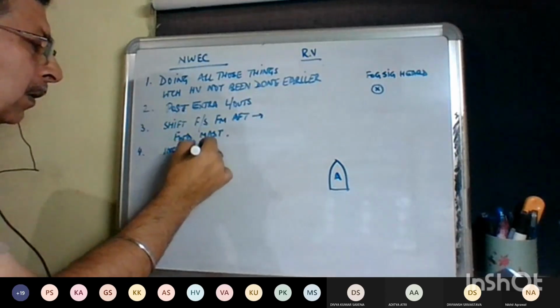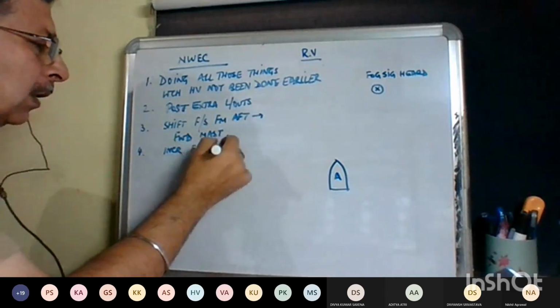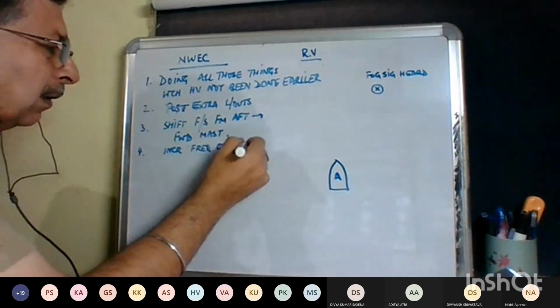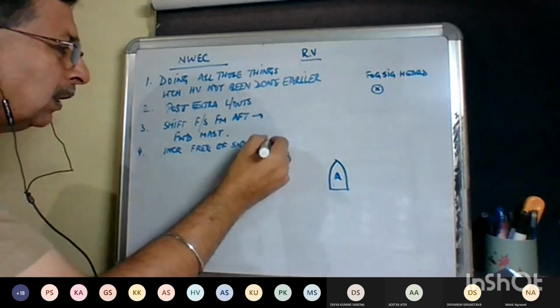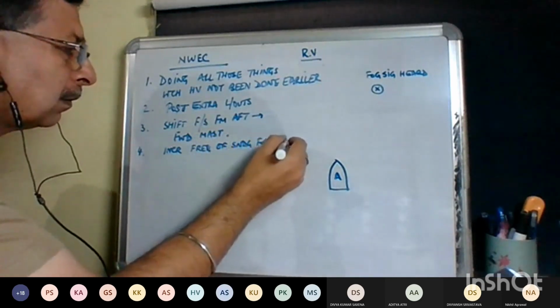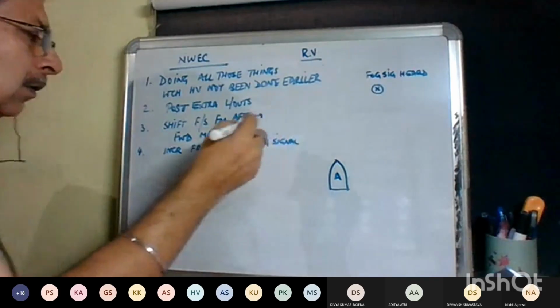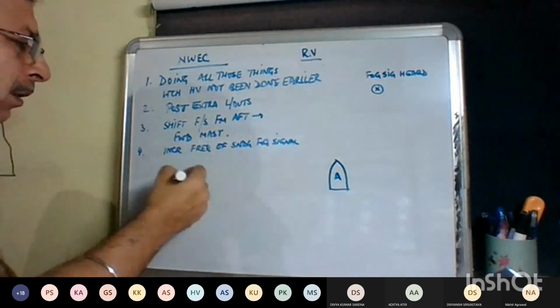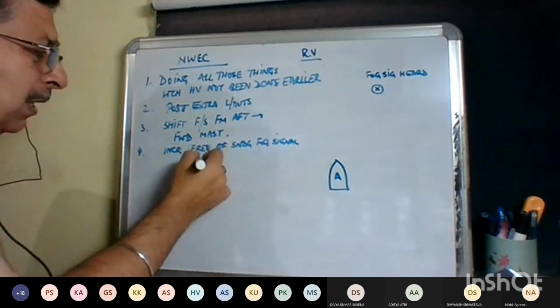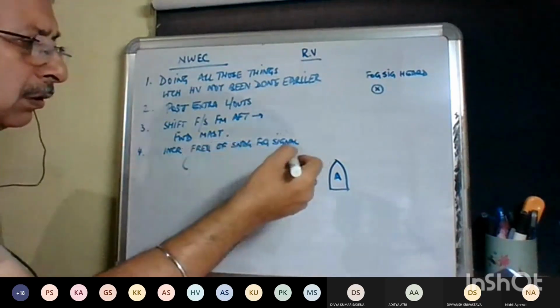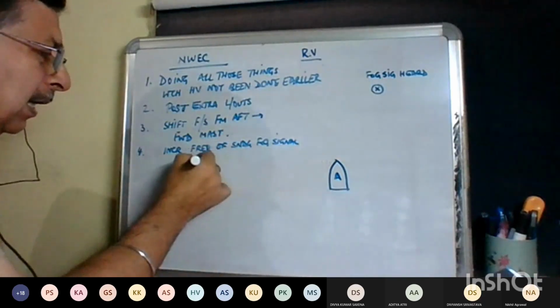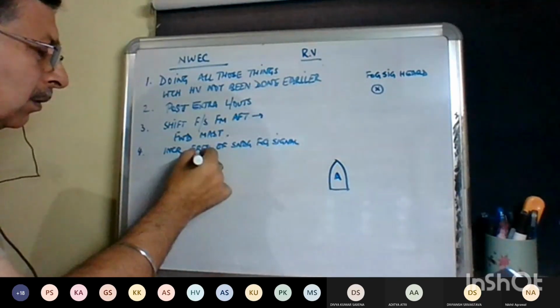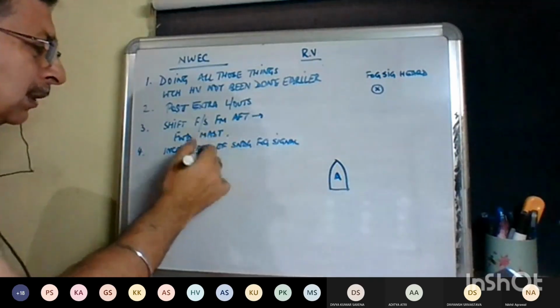Increase the frequency of sounding fog signal. My rules tell me I have to sound one prolonged blast at intervals not more than 2 minutes.